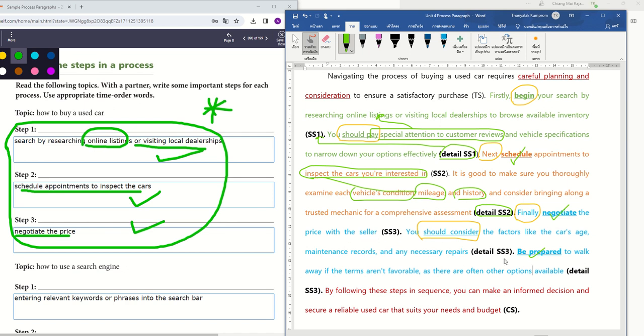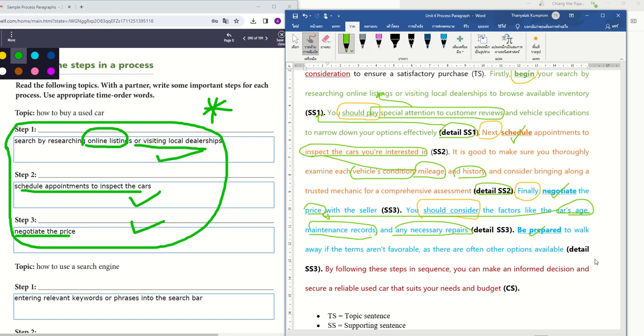Next one, supporting sentence number 3 is negotiate the price with the seller, right? So detail sentence, supporting sentence number 3 is what? It's about the price, right? So you should consider the factor, for example, car age, maintenance record, and any necessary repair here. So you need to concern about the price based on car age, maintenance records, and necessary repairs.